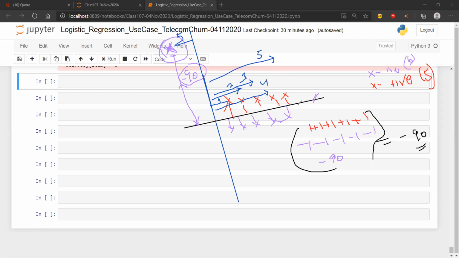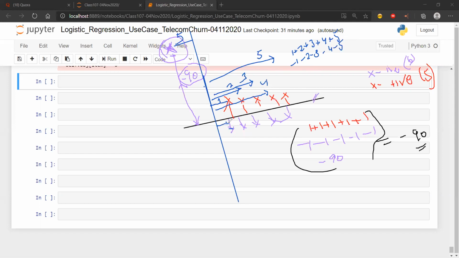Each of the positive points is one pointer away from the hyperplane. So if I take a total: 1 plus 2 plus 3 plus 4 plus 5. And then I have these points, which are also 1, 2, 3, 4, 5, so minus 1, minus 2, minus 3, minus 4, and minus 5.